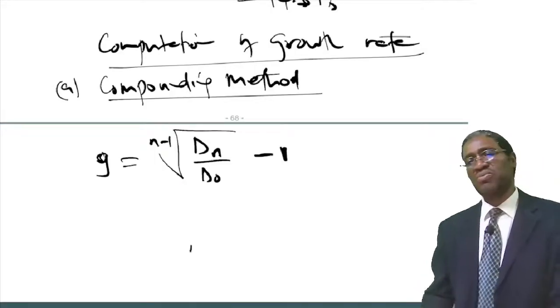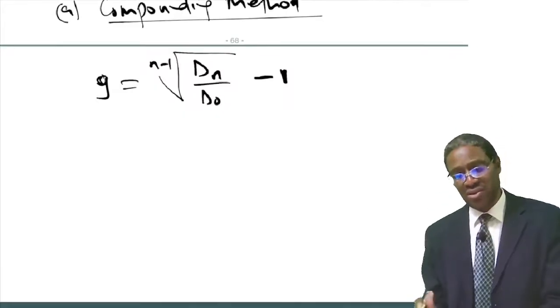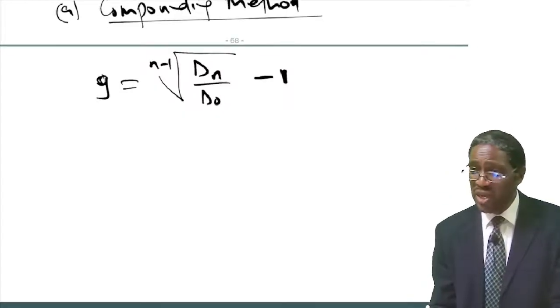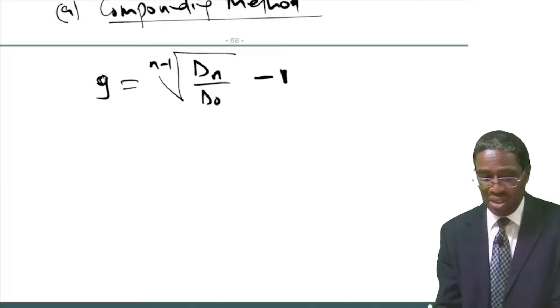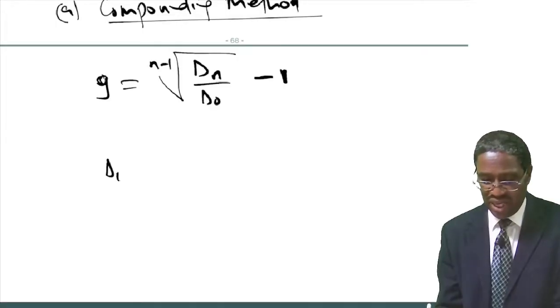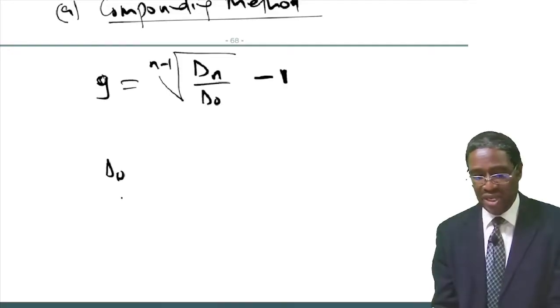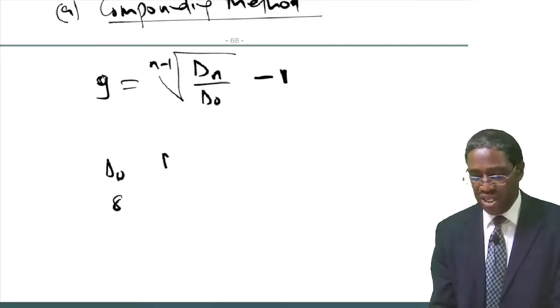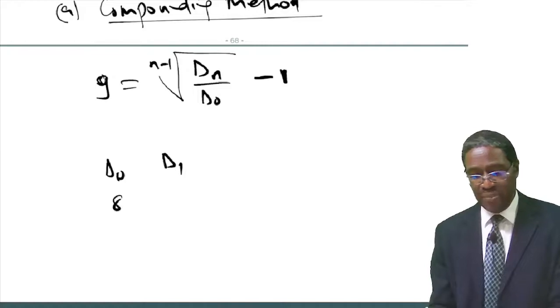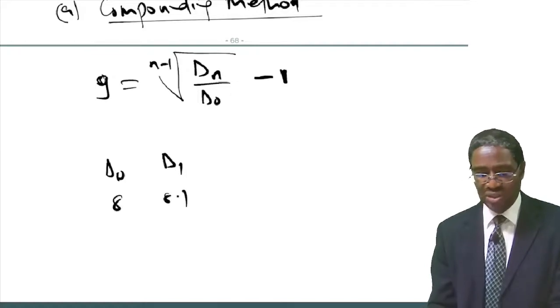Let us assume that the company paid the following as dividend. In year 1, which I can call D0, they paid a dividend of 8. D1, the following year, they paid a dividend of 8.1.